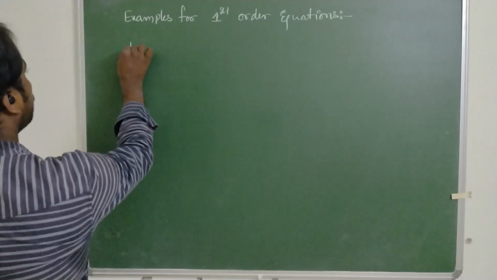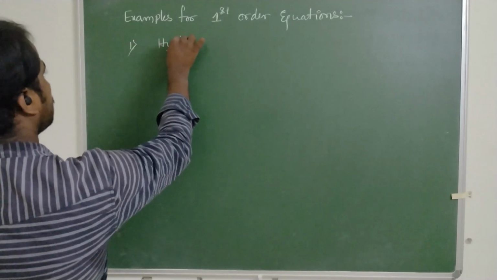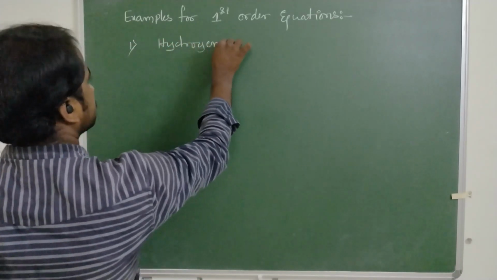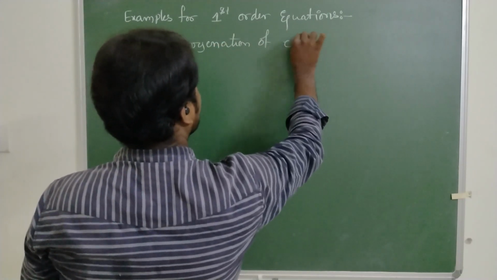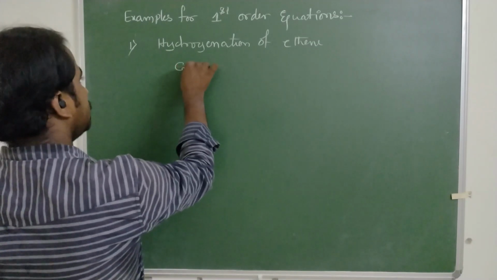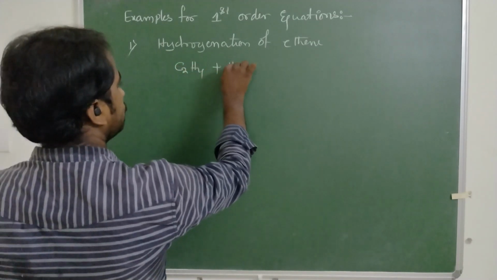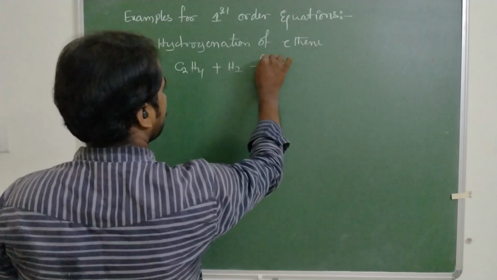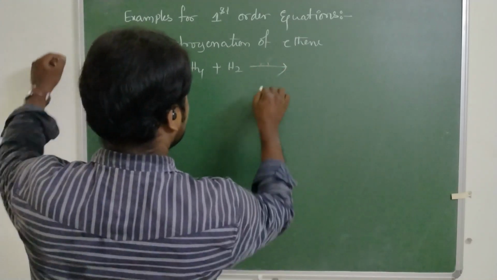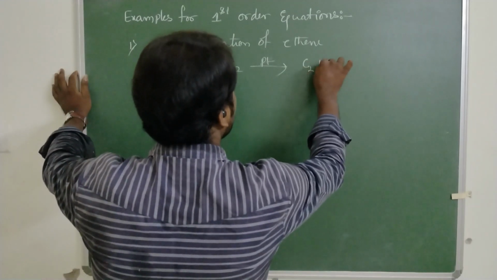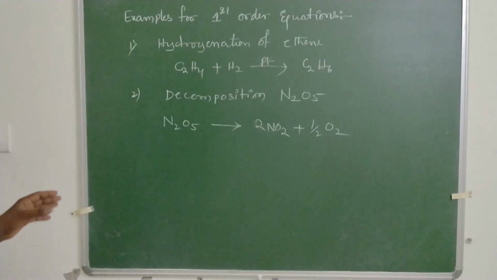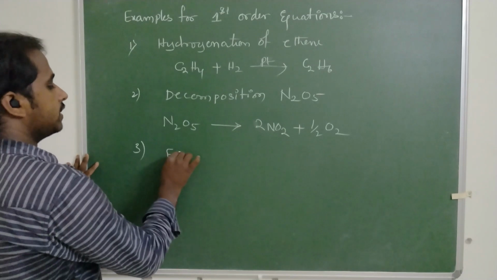Examples of first order: first one, hydrogenation of ethene, C2H4 plus H2 in the presence of a platinum surface, it becomes C2H6, and radioactive decay processes.